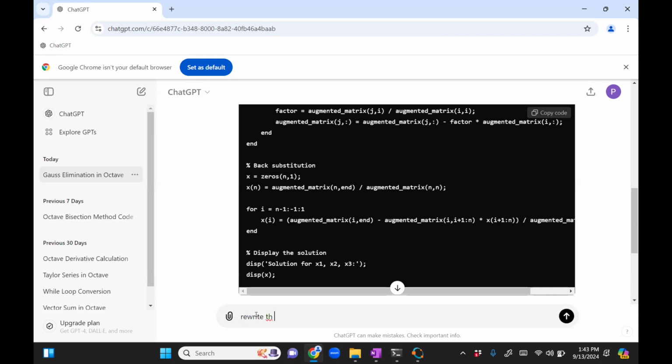So rewrite the code. Split the code into 2 files such that one has a function Gauss elimination and the other one has the A and B matrices.